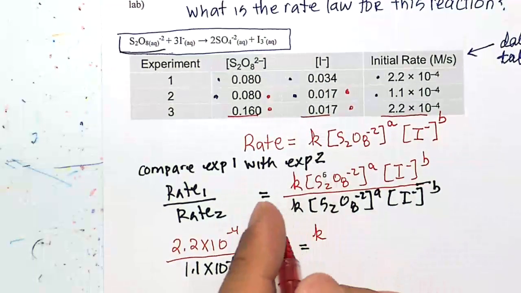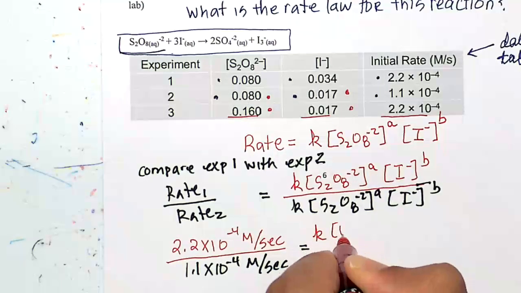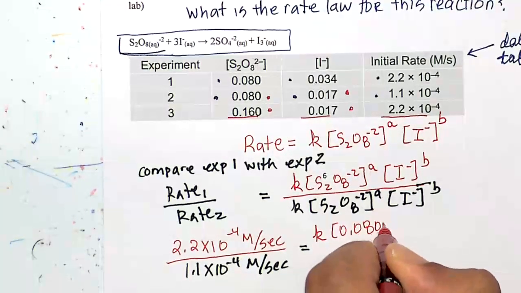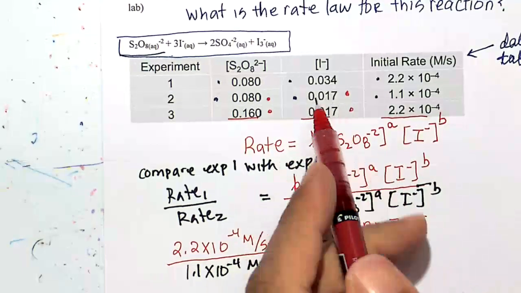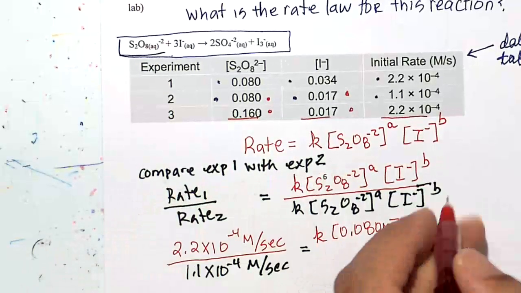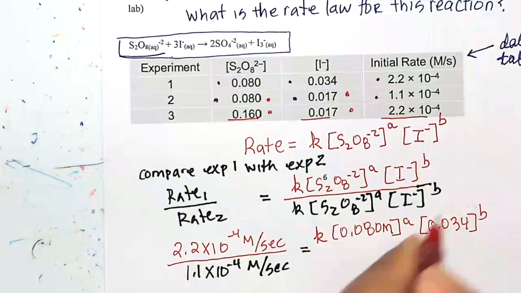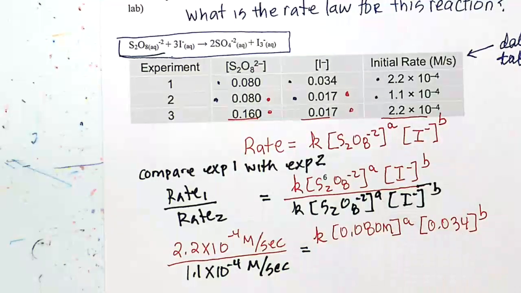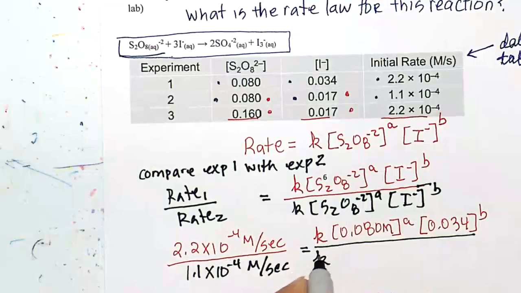Raised to the power of A. Antoinette, what is I minus for experiment 1? Raised to the power of B, its order of decay. Divided by this K, which we have to calculate later.